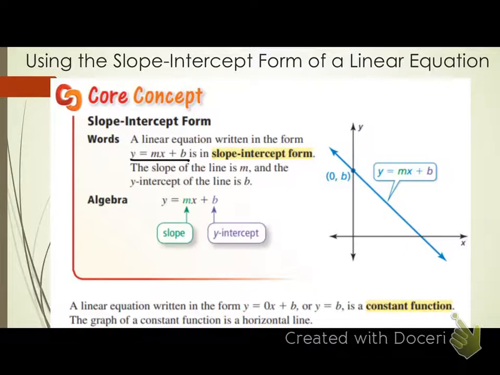That's called a constant function. And the graph of that is a horizontal line. Okay? So my y-intercept would be 0, comma b, whatever my b value is. Any questions on slope-intercept form? You need to have that memorized as well. Y equals mx plus b. Are we good? Can I move on?